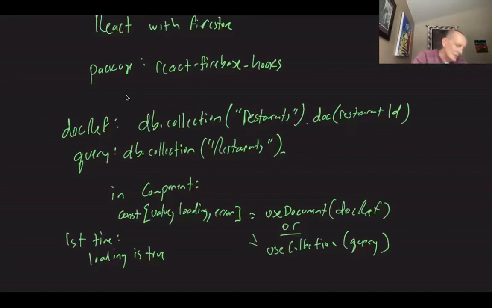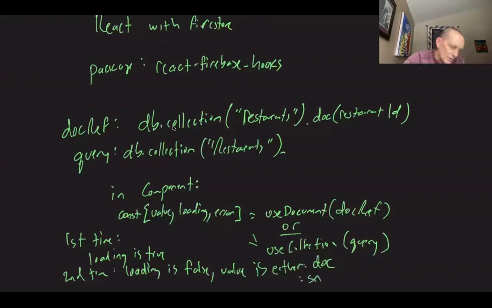This time, the second time, loading is false and value contains either your document, if we did use document. So value is either a document or a snapshot. If it's a document, use the document.data function. If it's a snapshot, you're going to iterate, and for each of these you're going to have a document, and you can use document.data for each of those.